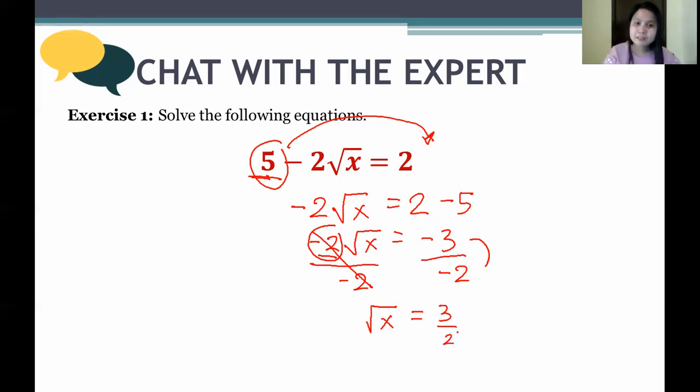Next. We now have the radical on one side and the number on the right side. So we raise both sides by the index. What's the index? You could not see, right? So we know it's 2. So raise both sides to the power of 2.